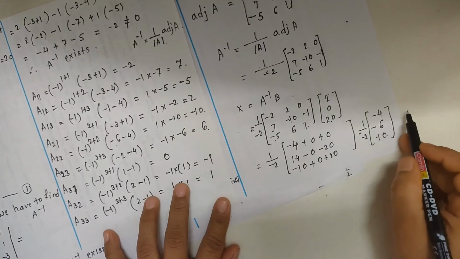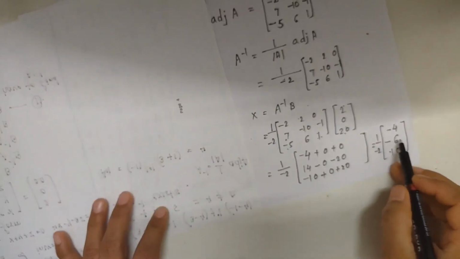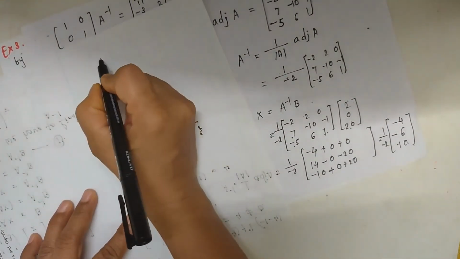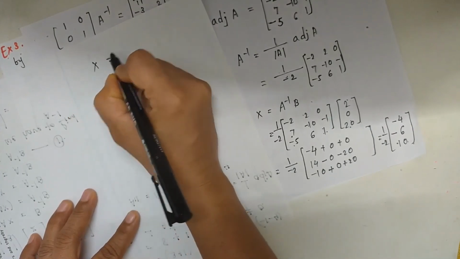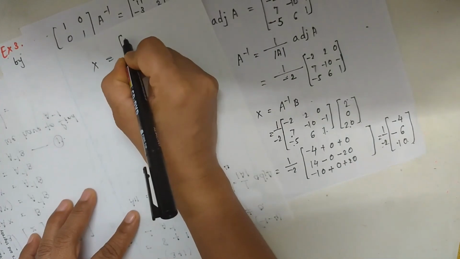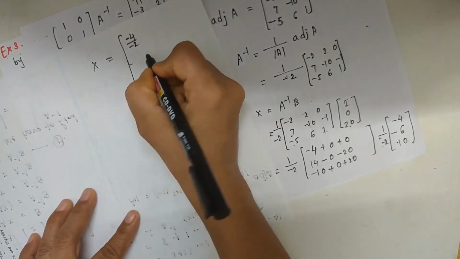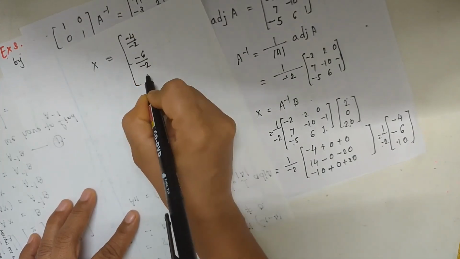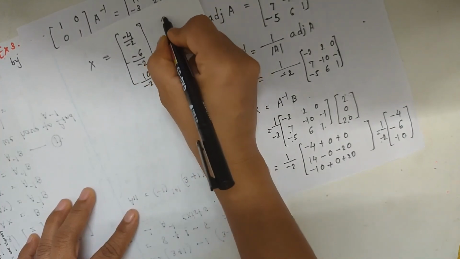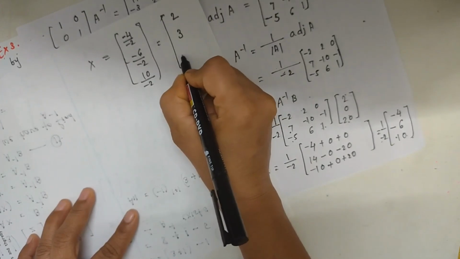By dividing by minus 2, we get the matrix X, dividing each element of the constant matrix by minus 2: minus 4 by minus 2, minus 6 by minus 2 and 10 by minus 2. Then we get the matrix 2, 3 and minus 5.